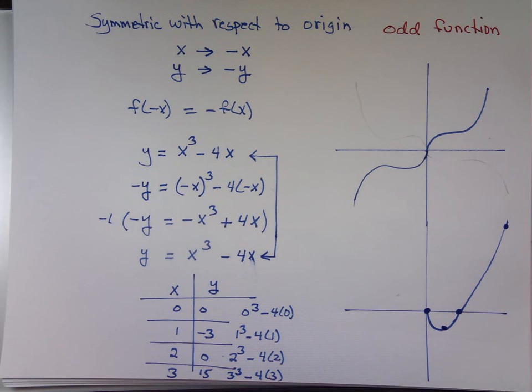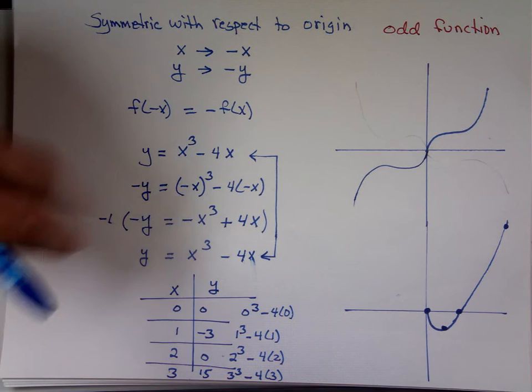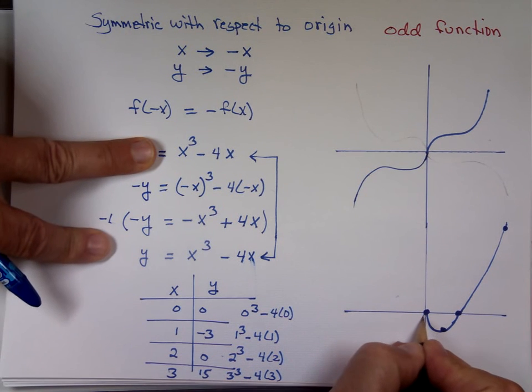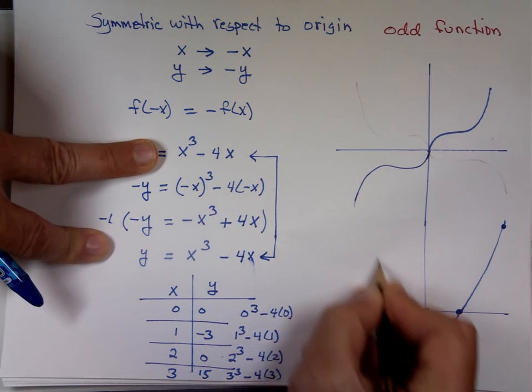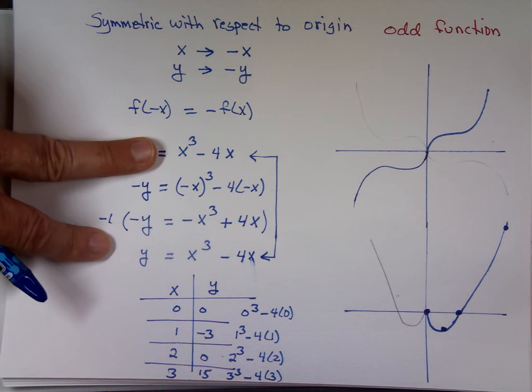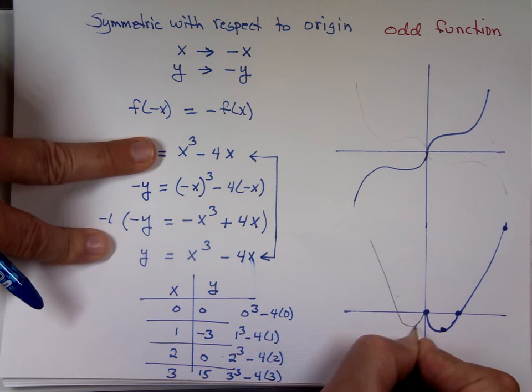Remember, this is symmetric with respect to the origin. You gotta flip it twice to get the final picture. Doesn't matter which one you do first. So here's my pencil. I'll go around the y-axis first. If I do the y-axis, it looks like this. A bit deeper, actually. Now we take this and flip it over the x-axis.